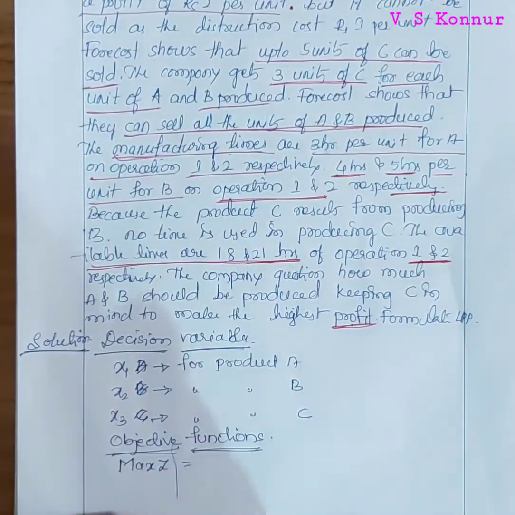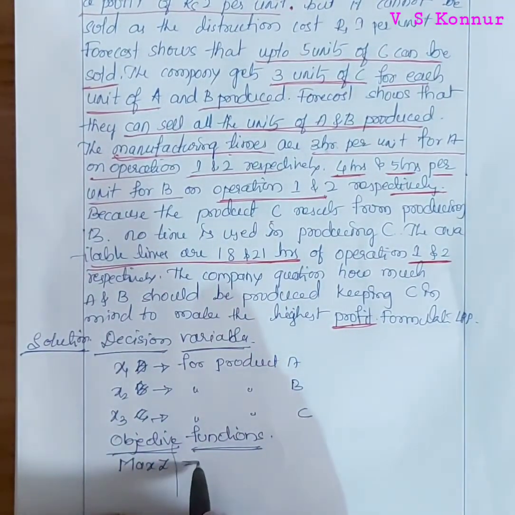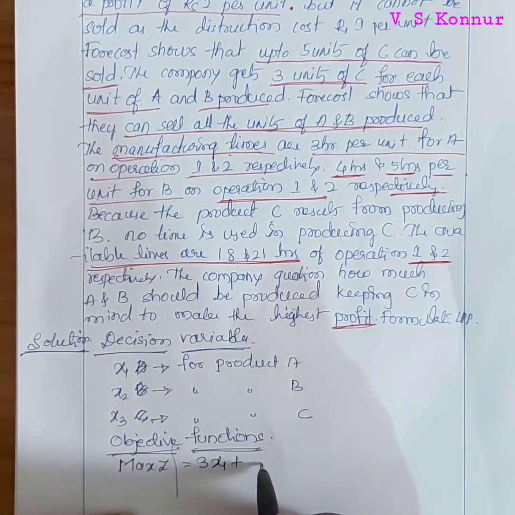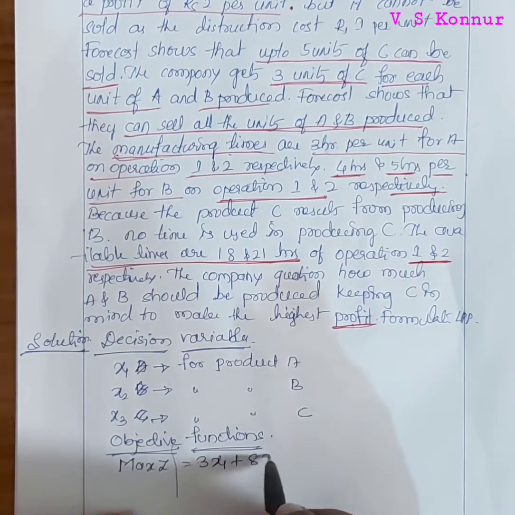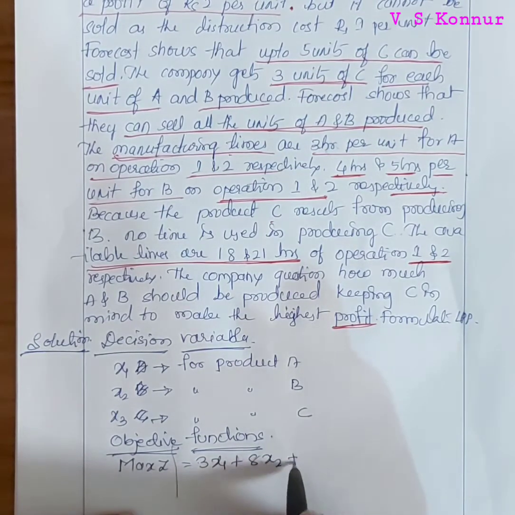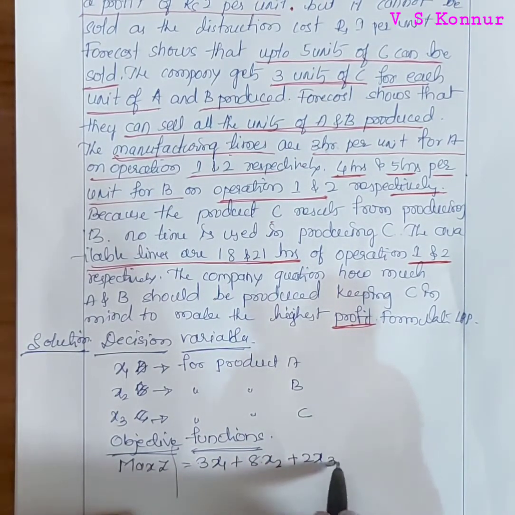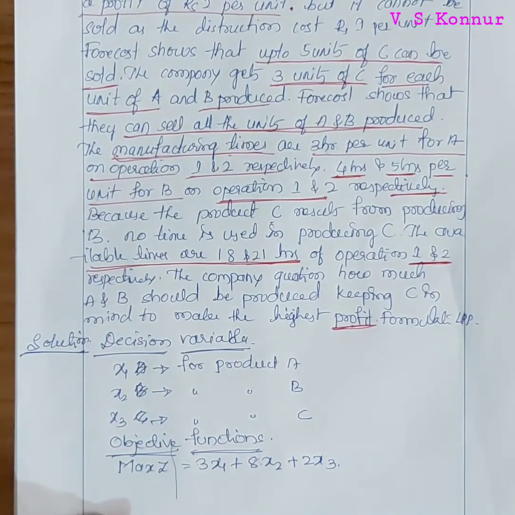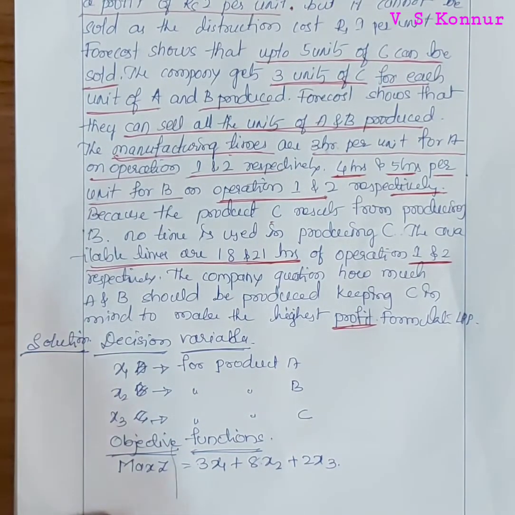Now we'll write max of Z equal to 3x1 plus 8x2 plus 2x3. This is the objective function of the problem.